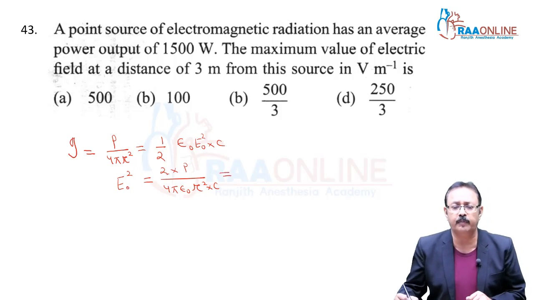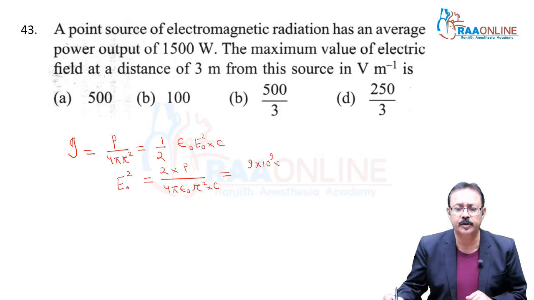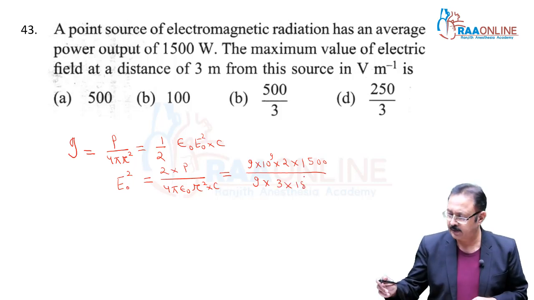Put the value of 1 upon 4 pi epsilon naught, 9 into 10 to the power 9. 2 is 2, power is in SI unit, 1500 watt. R is the distance, 3 meters, so square is 9. You know the speed of light, it is 3 into 10 to the power 8.